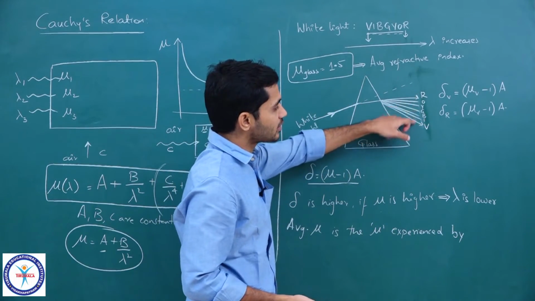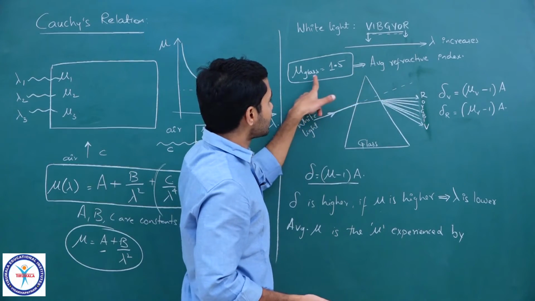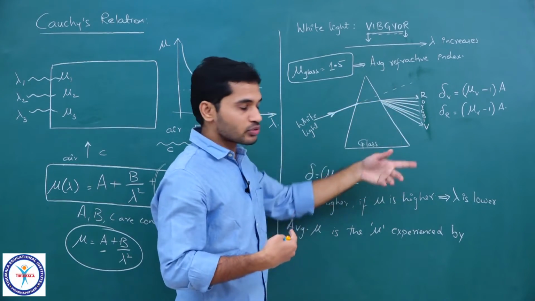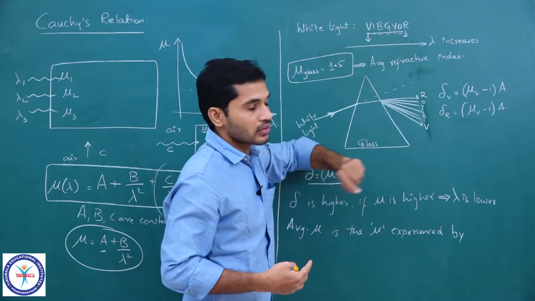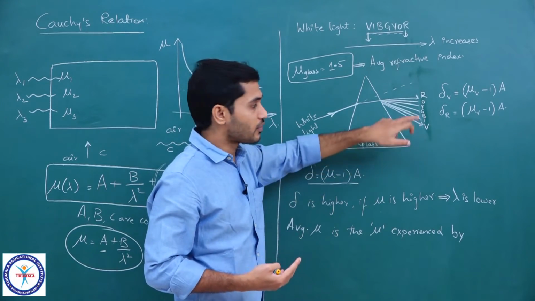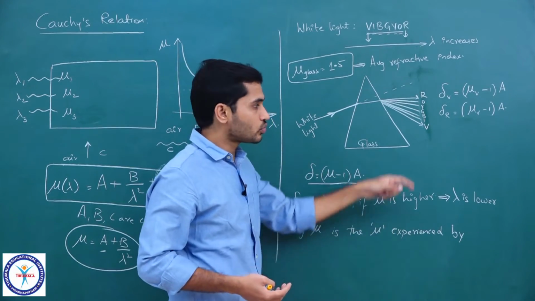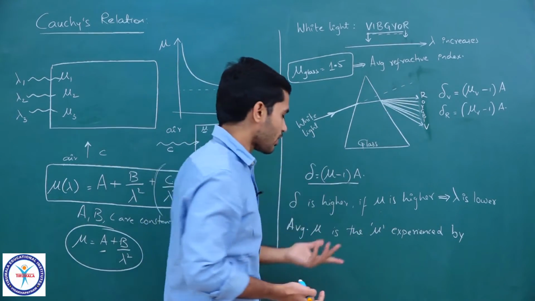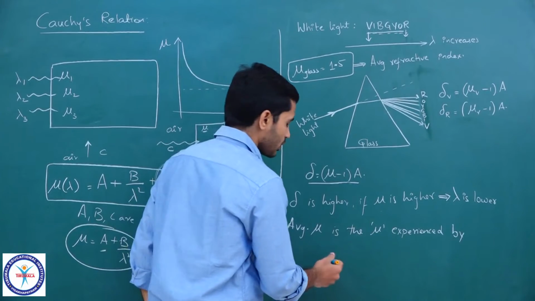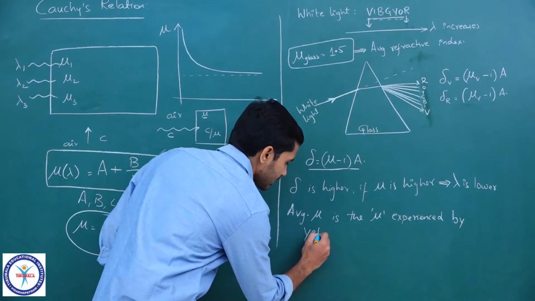That light should definitely be somewhere in between. If I am considering mu as the average mu of different wavelengths out of these 7, then the average mu should be somewhere in between, right. So, yeah, average mu is the mu experienced by yellow light.